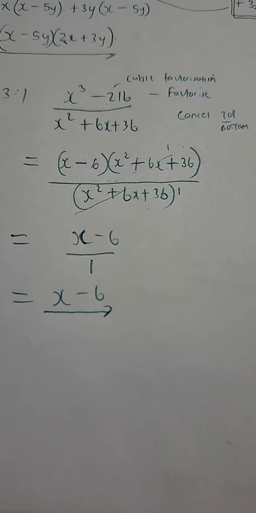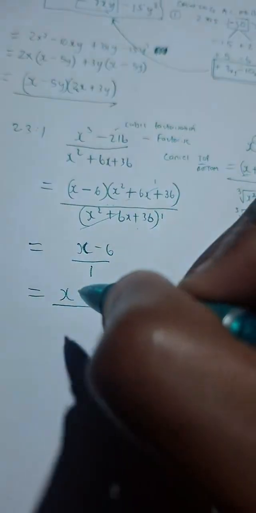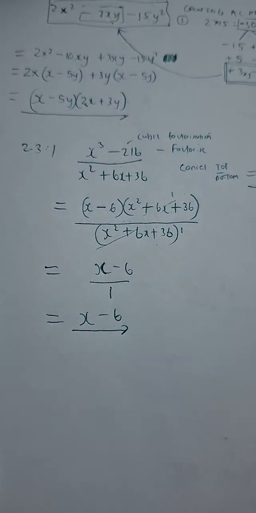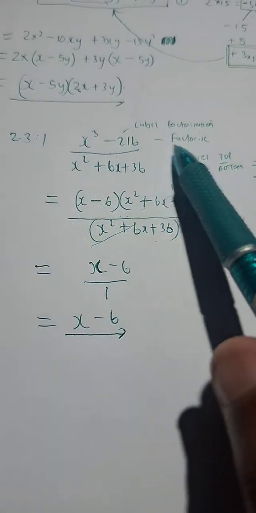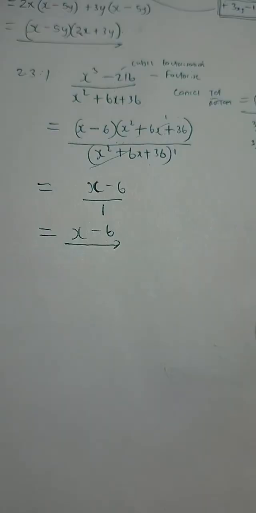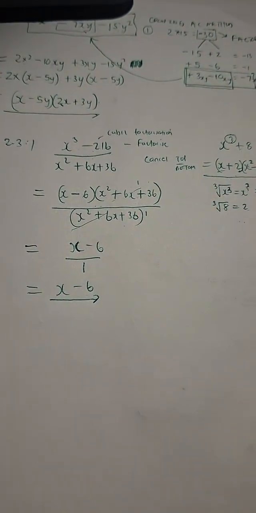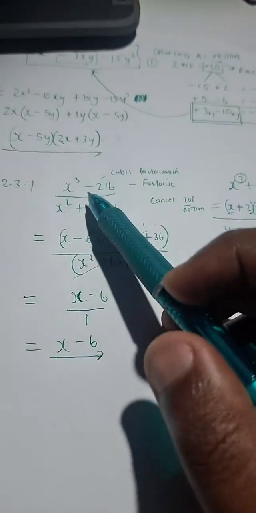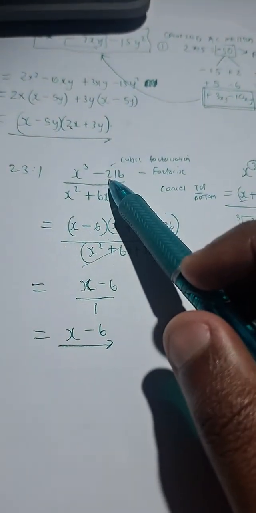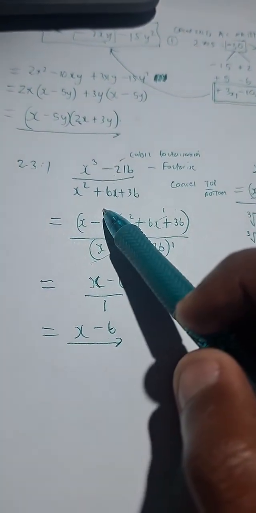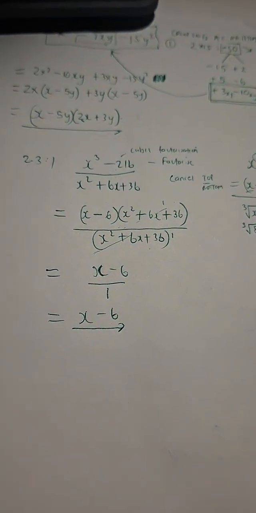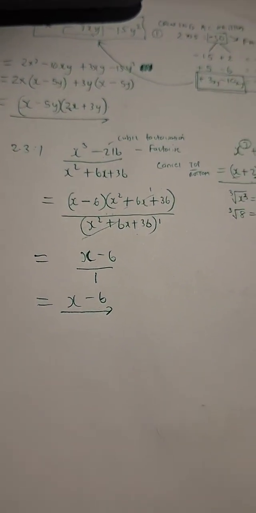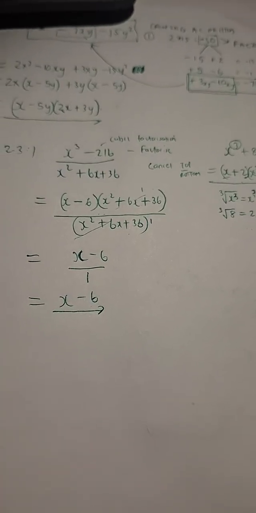I hope, grade 10s, the cubic factorization is coming back to us, and we can see how easy it is to simplify. So the steps when we have division of expressions is simply to factorize the numerator if possible, factorize the denominator if possible.